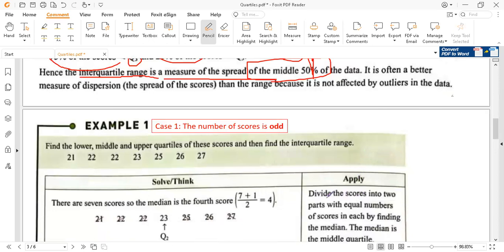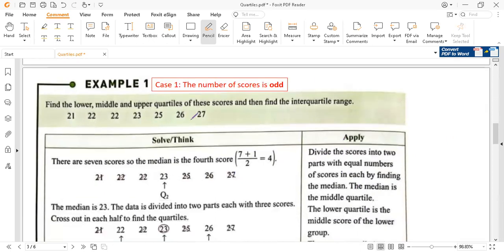Okay, I want to explain, for example, how to find the quartiles. We have different cases. In the first case, the number of scores is odd: 1, 2, 3, 4, 5, 6, and 7. When the total number of scores of a given set is odd, it is easy to find the median, the lower group and the upper group.